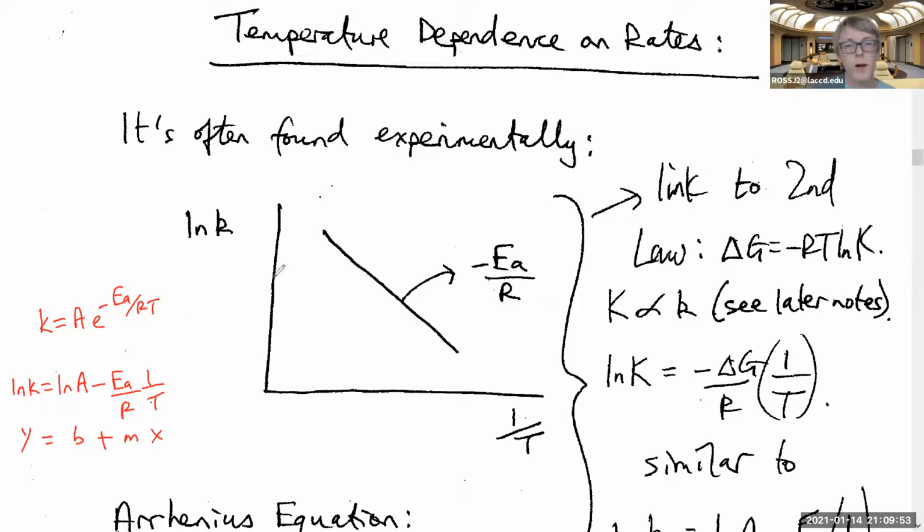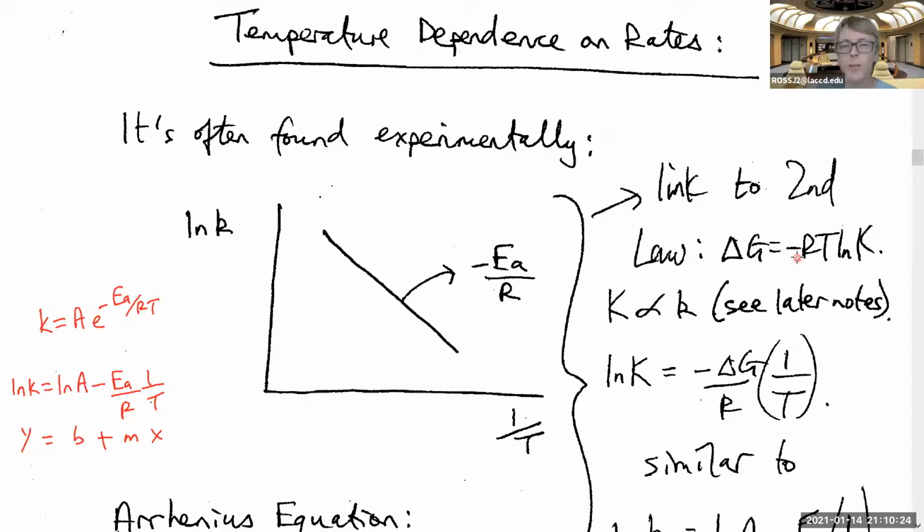Okay, so if we plot on the y-axis log the rate constant, on the x-axis we can plot 1 over temperature, and then we have the negative slope, which is our activation energy over R. It's easily plotted on a spreadsheet, etc. My students don't have to worry too much about this expression for now.